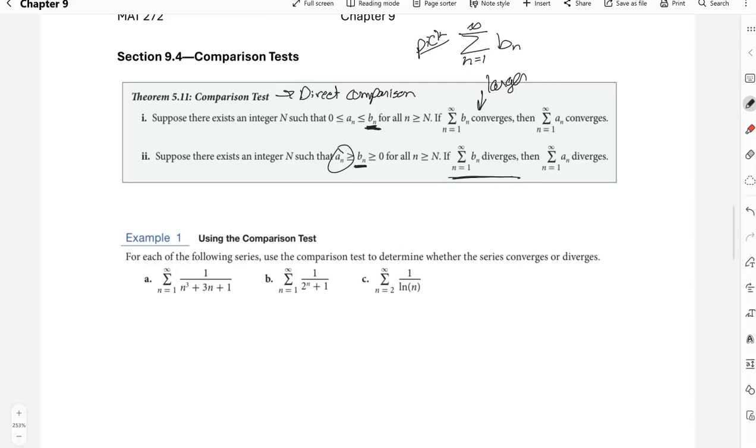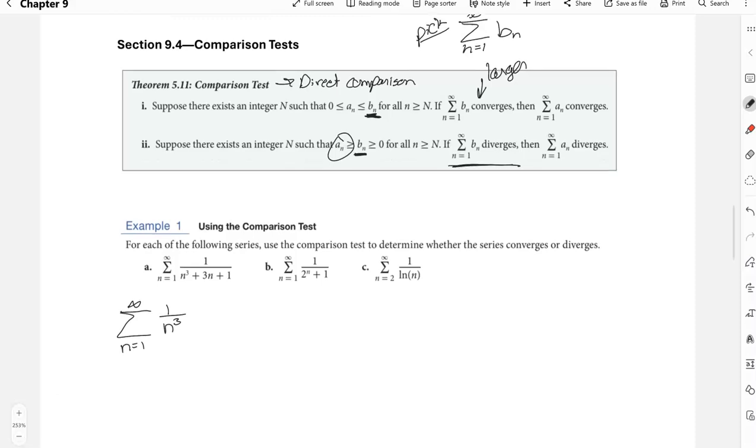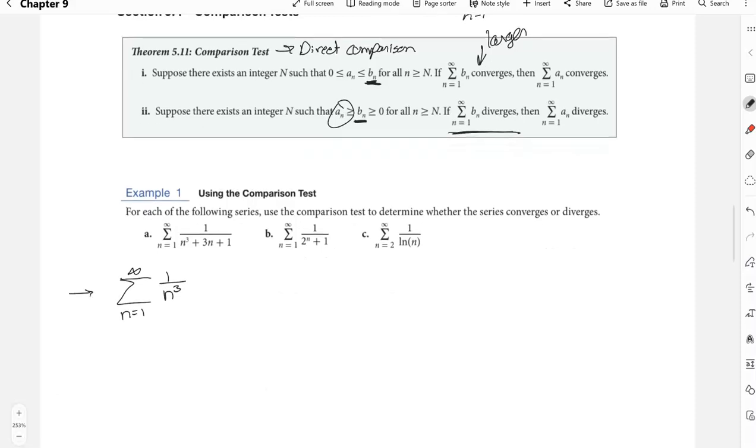So let's look at a few examples. In this first one, part A, we're looking at the sum from n equals 1 to infinity of 1 over n cubed plus 3n plus 1. That looks an awful lot like the sum from n equals 1 to infinity of 1 over n cubed. Right? It's just got some extra terms added here. So that's what I would want to compare to.